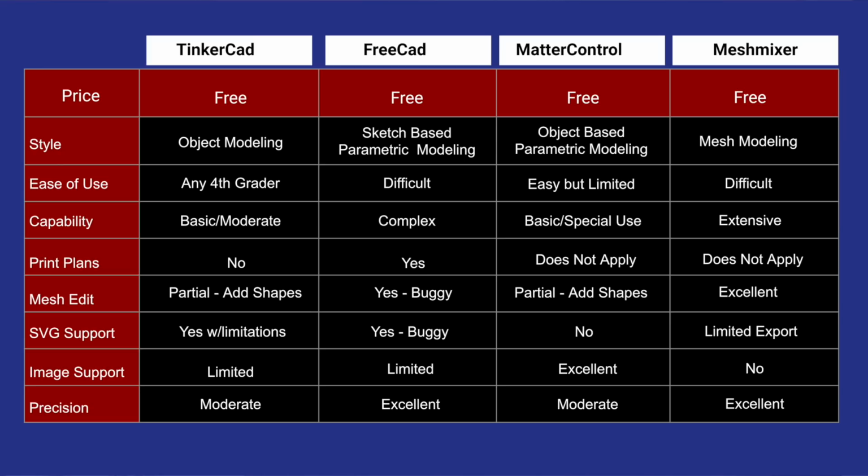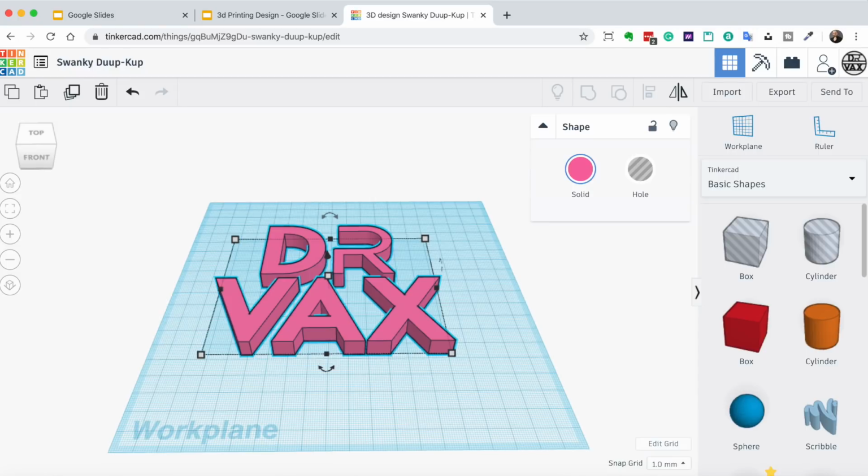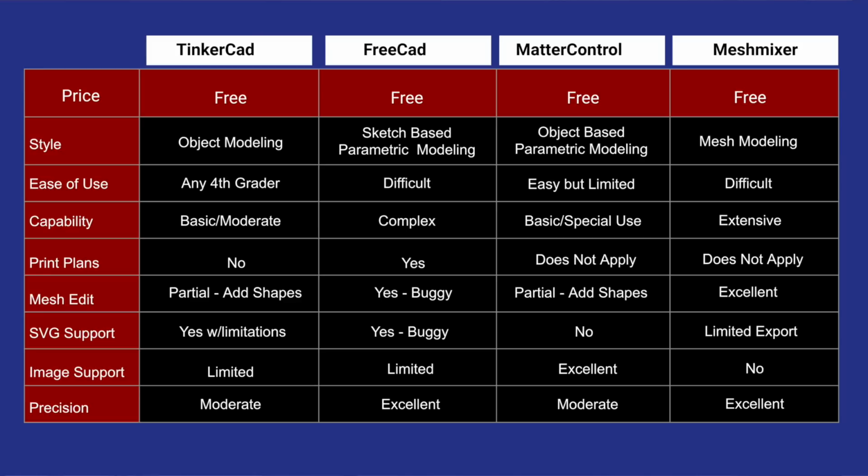Now, let's go through and talk for a moment about 4 tools I'm going to cover today very quickly. The first tool is Tinkercad. Really easy to use. Everyone can learn how to use Tinkercad. It is an object modeling tool. It is for basic or simpler models. It can do very basic mesh editing in that you can import a mesh, you can import an STL file, and then use it to manipulate it a bit.